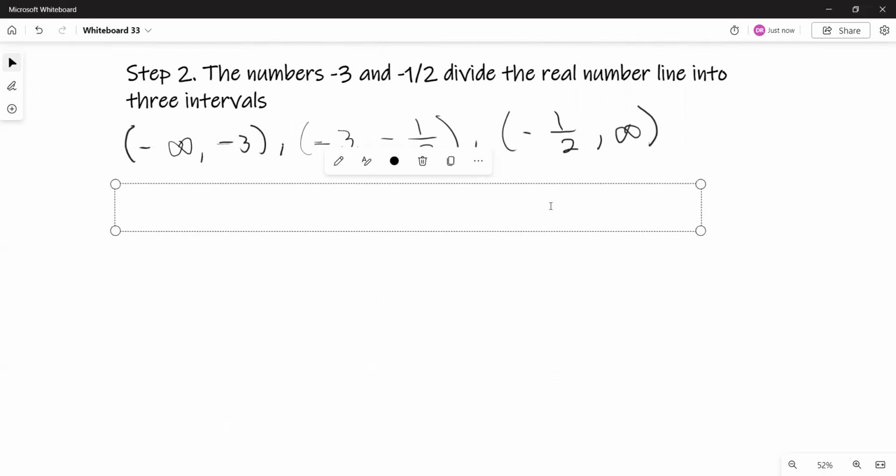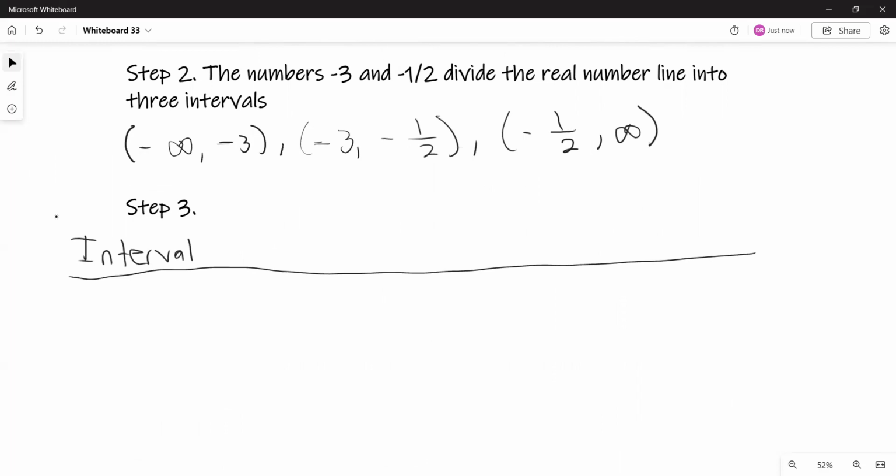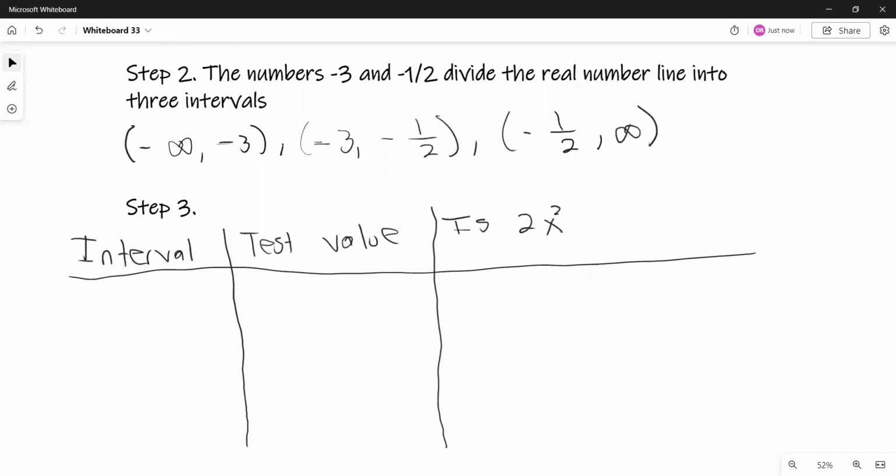In step number 3, we make a table with the test values. We have the test interval, and we pick a test value in that interval and determine whether 2x squared plus 7x plus 3 is greater than or equal to 0.